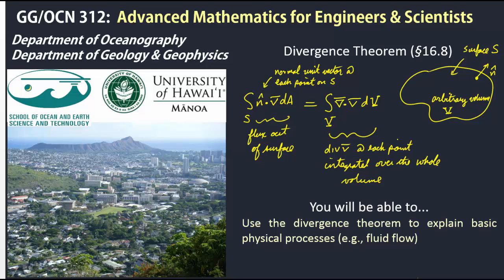So now I'd like to go through and derive this divergence theorem, and in so doing, help you understand the basic physical processes it describes. You can see pages 792 to 794 for formal proof. But here I'd like to take a heuristic approach.